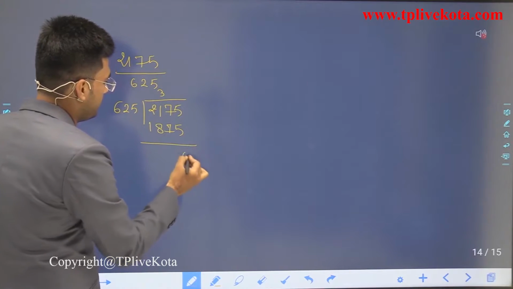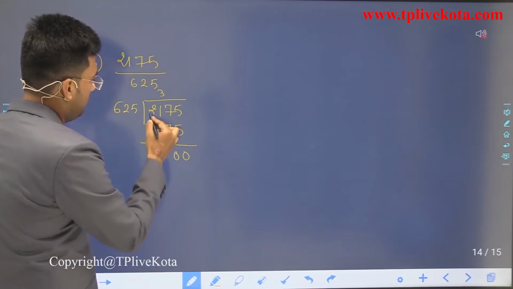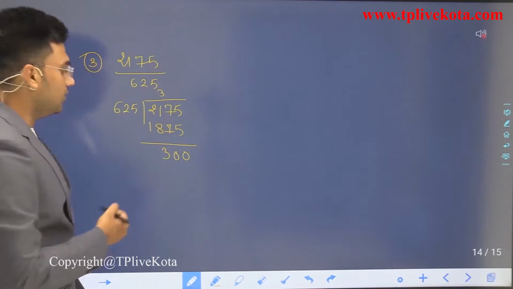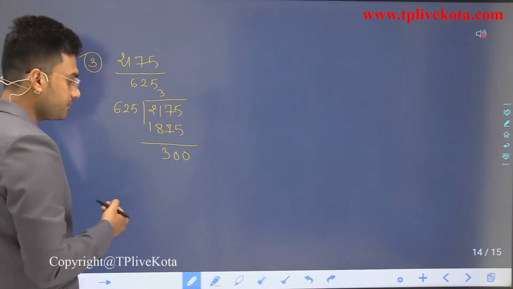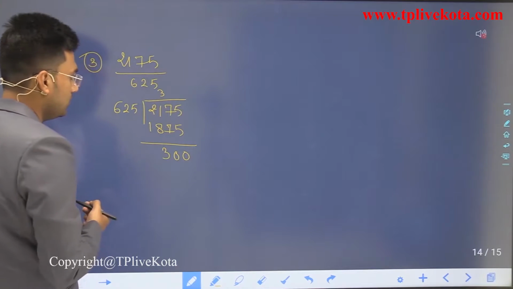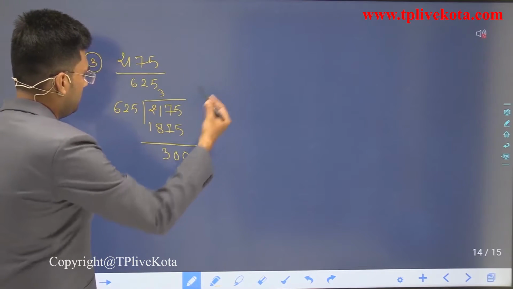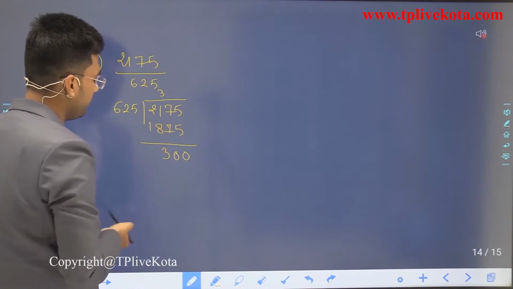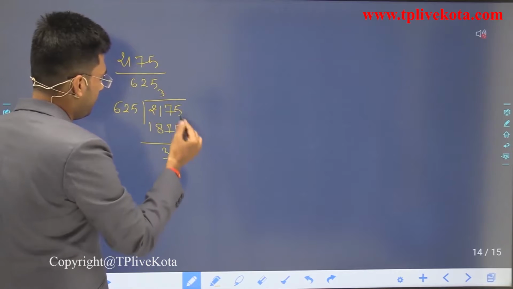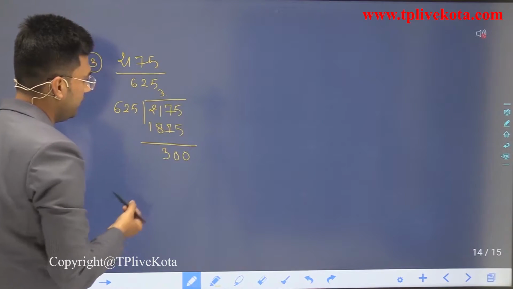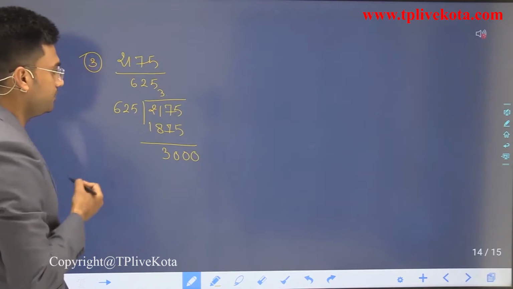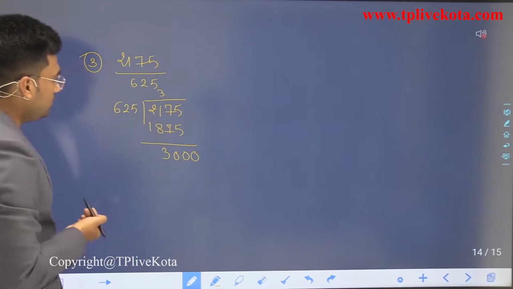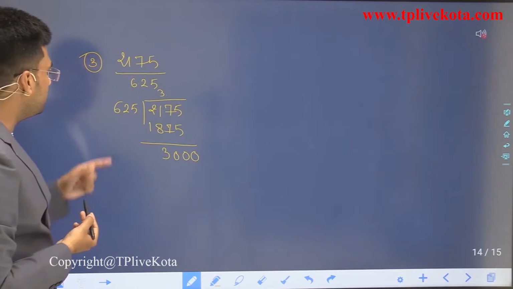Now the difference is 300. Now 300 is not divisible by 625. So let's take a decimal: 3 point, then here is 0, 3000.